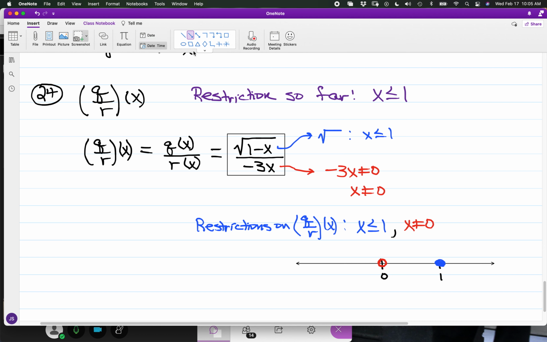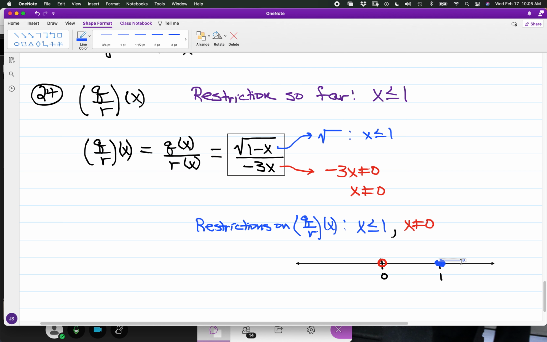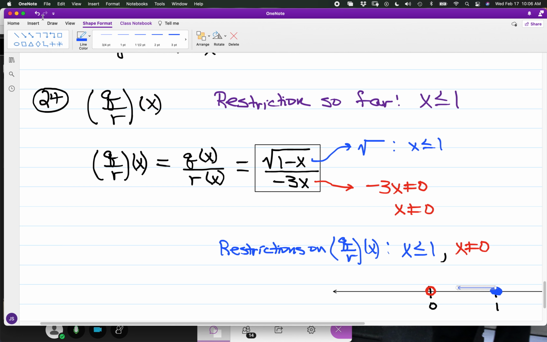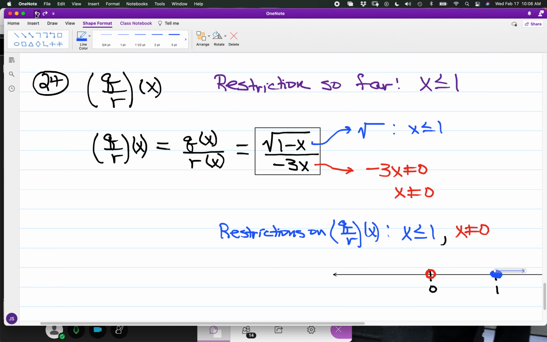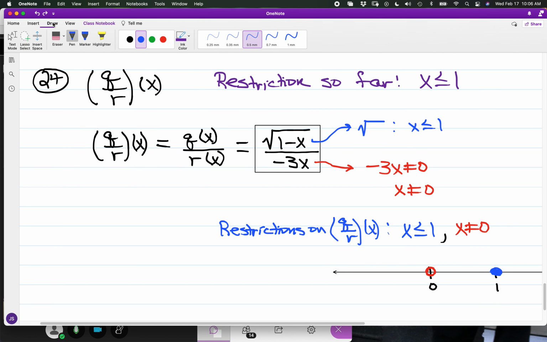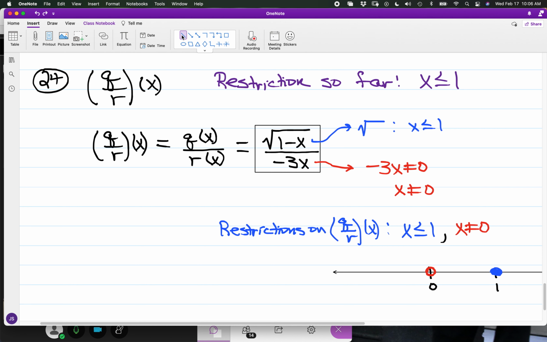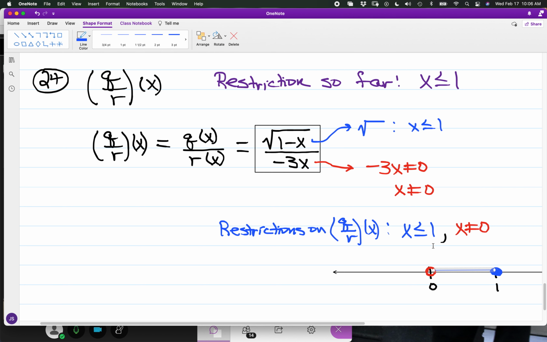Now, had it not been for the fact that R of X was in the denominator, I would have the ray go continuously, but for what I have instead, it's going to have a bit of a blip that's going to occur. Starting from 1, I have activity going to the left, and had it not been for the added restriction, X is less than or equal to 1 would be a non-stop ray going out to the left.